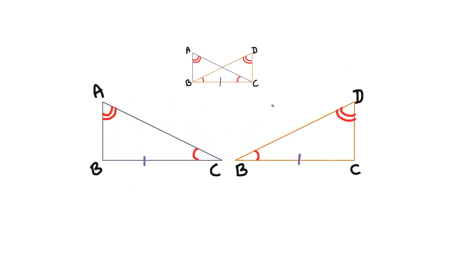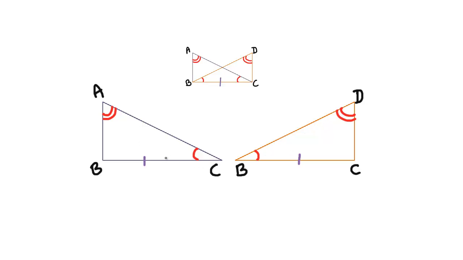Alright, so here's the original diagram of the overlapping triangles. But you can see it more clearly when we separate the two triangles as shown here. This is triangle ABC and this is triangle DCB, and notice that all the markings are the same.